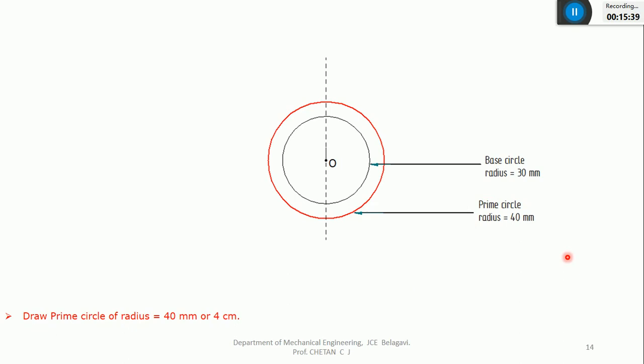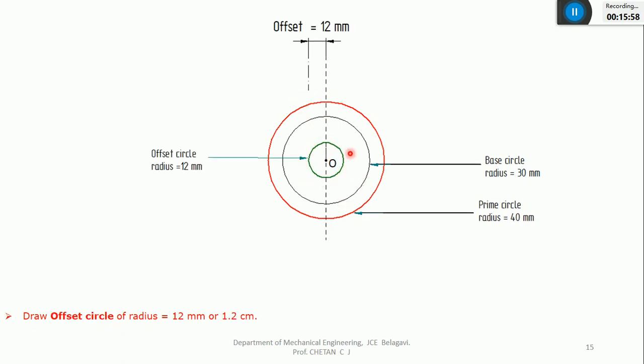Just remember that. I already know the prime circle radius is 4 centimeter, which is nothing but the summation of the base circle radius, 3, plus the roller radius, 1 centimeter. Total is 4. Since I'm drawing the cam profile for offset follower, I need one more circle, that is the offset circle, since I want the offset between the follower axis and the cam axis by 1.2 centimeter or 12 mm.